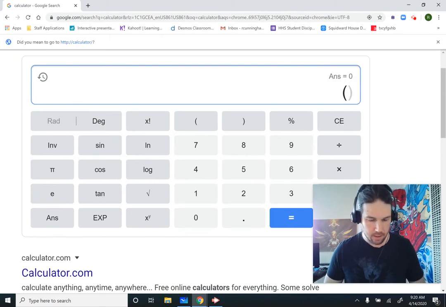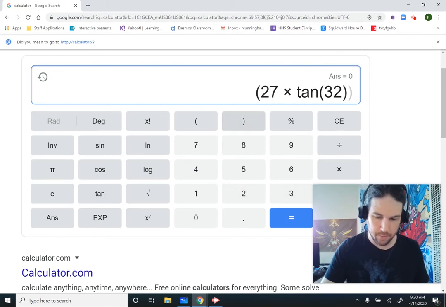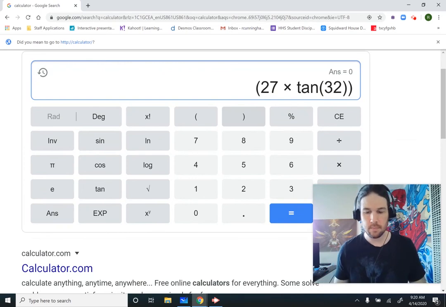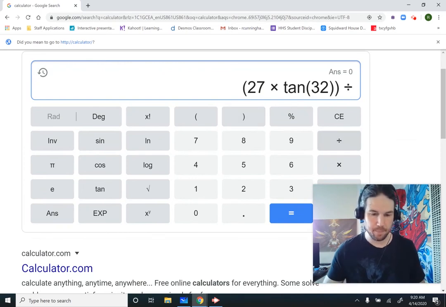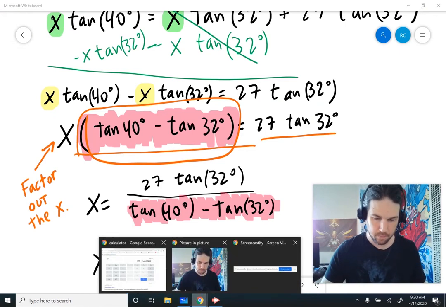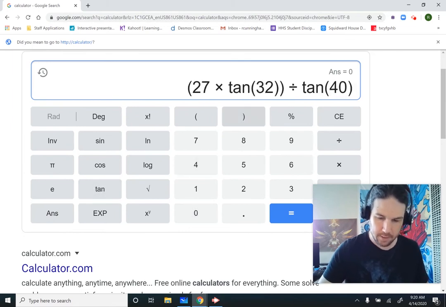So I'm going to say 27 times tangent of 32, end parentheses, divided by, now what goes on the bottom? Tangent of 40 minus tangent of 32 degrees. Tangent of 40 degrees. Ooh, I need parentheses for this one too.